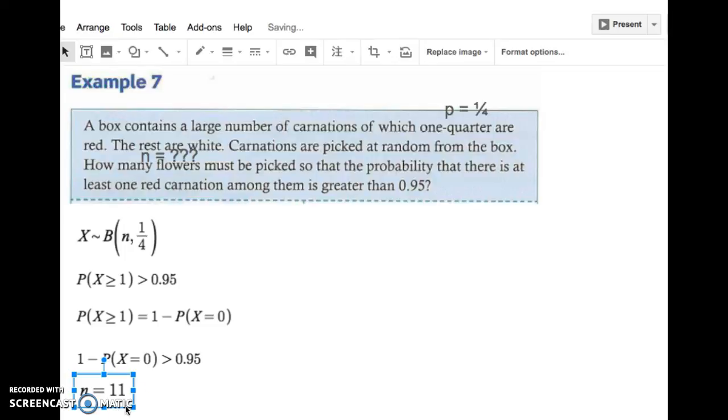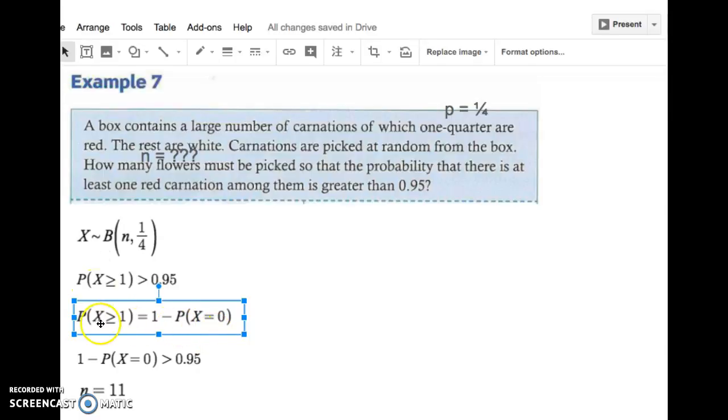When you are showing workings, you should start with the right math notation in terms of binomial distribution. This is given to us by the question: the probability of x greater than or equal to 1, at least 1, is greater than 0.95. What I'm going to do is change the way this looks.